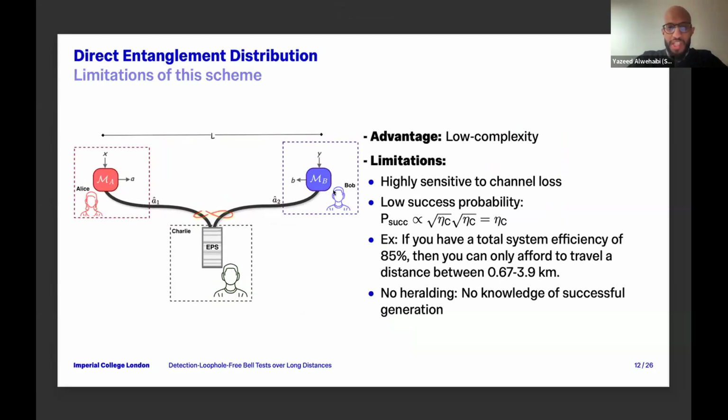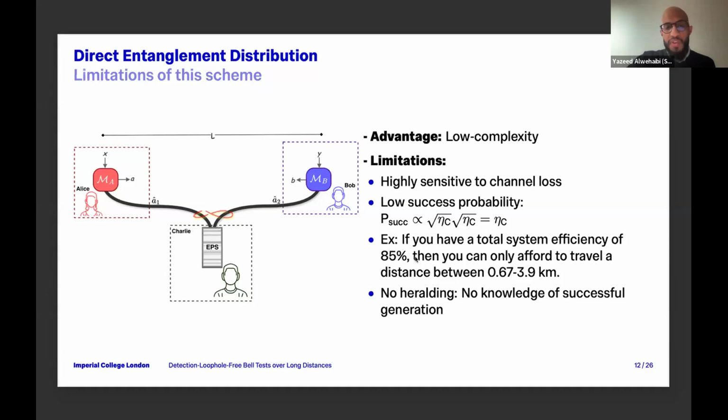So, for example, if Alice and Bob and the source have an overall efficiency of about 85%, and you want to pass a CHSH inequality, then you can only afford 3% more loss because you need a total of 82%. And if you want the Eberhard inequality, then you can only afford to lose 17% more.